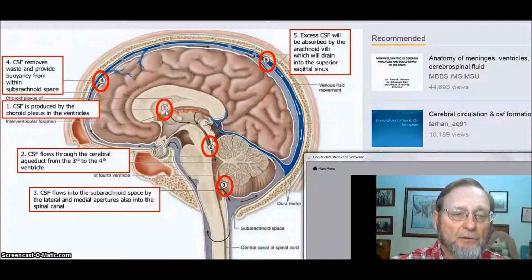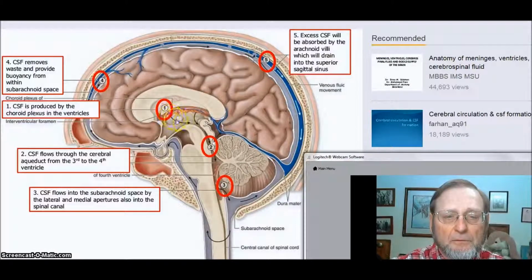And then it moves out through the cerebral aqueduct and joins the fluid that is produced by the leaky capillaries in the 3rd ventricle, and then combined they go down through the cerebral aqueduct again to the 4th ventricle, and then finally it spills out through lateral and medial holes or apertures into the subarachnoid space, and it goes down the spinal column and then back up.